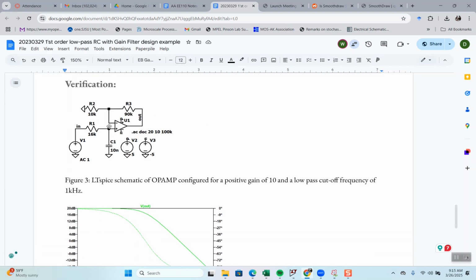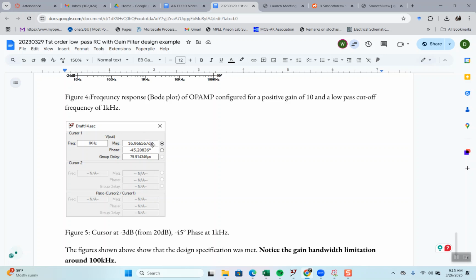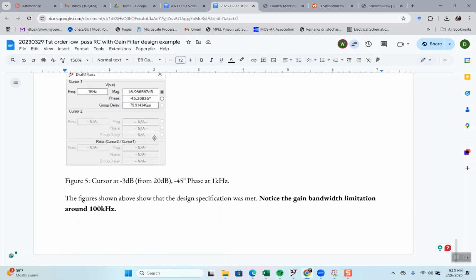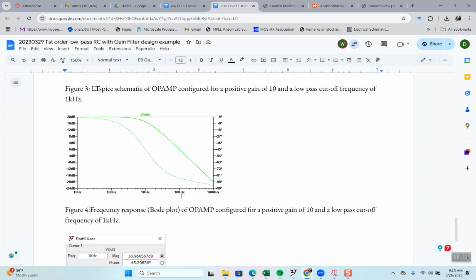That's the generic op amp. There's the Bode plot, and I'm measuring the 3 dB point. And notice the gain bandwidth limitation around 100 kilohertz. So remember, for the Bode plot of a first order low pass filter, phase goes from 0 to minus 90 and flattens out, right?